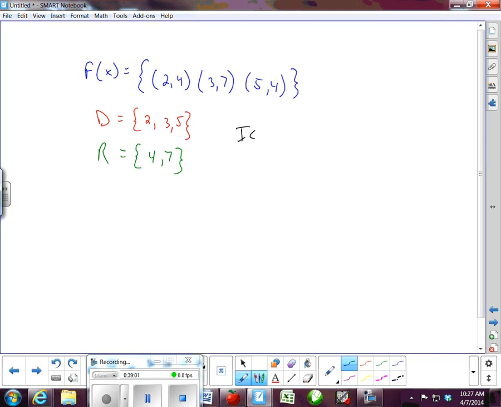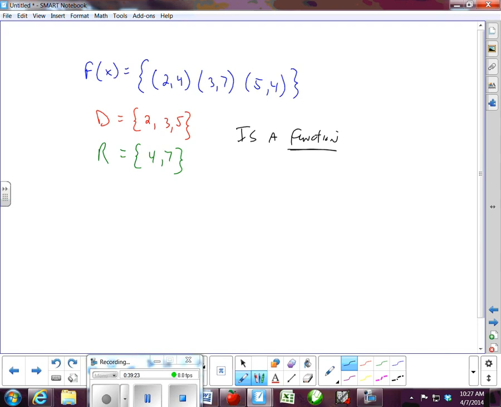It is a function. Remember, any given input, x value, gives you a definite output. If you input 2, does it know what to give you? Yeah, 4. If you input 3, does it know what to give you? Yeah, 7. If you input 5, does it know what to give you? Yeah, 4. Any given input gives a definite output.